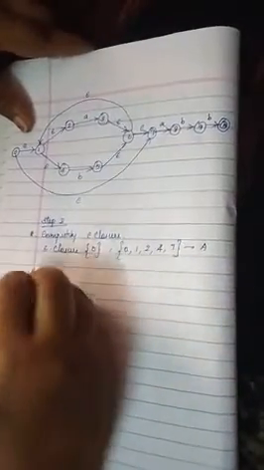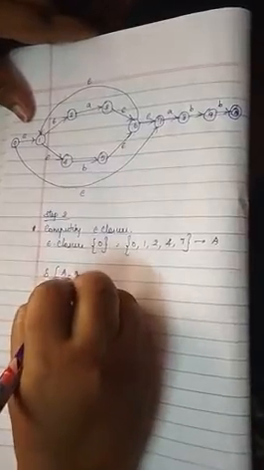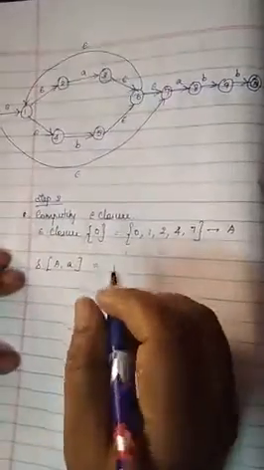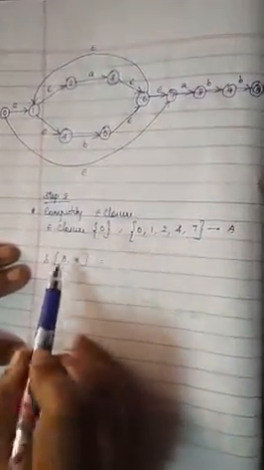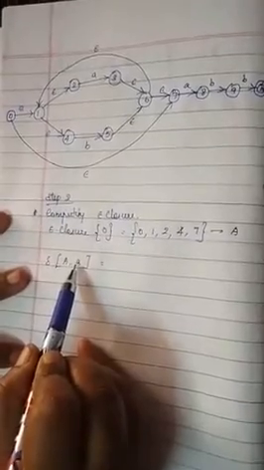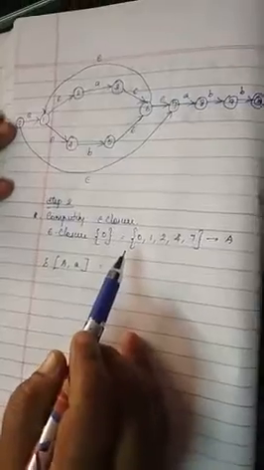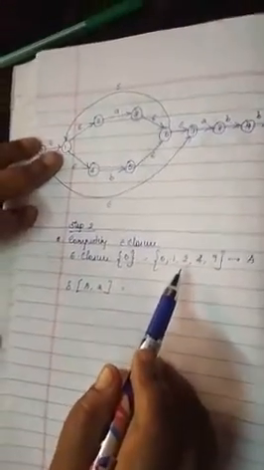Then we have to find the transition of A for the input symbol a. To compute this, we check which states in set A take the input value a and transition to a new state. From 0, we don't have input a. For 1, we don't have it.